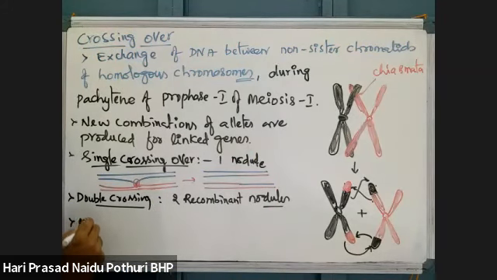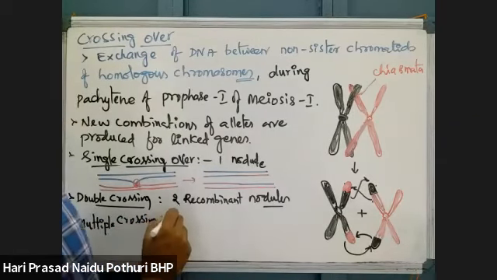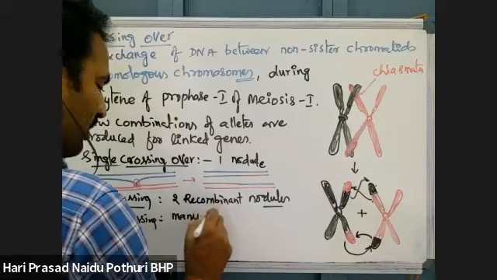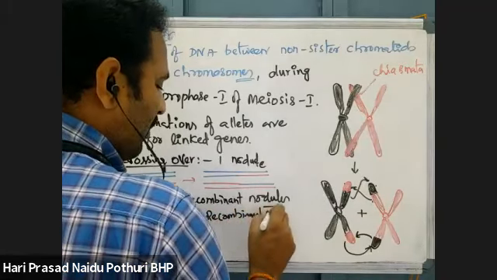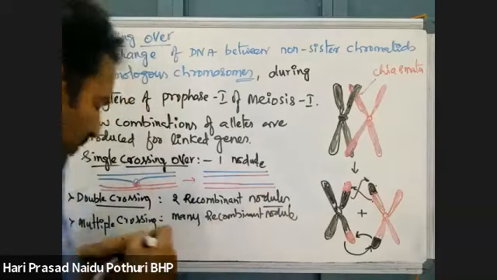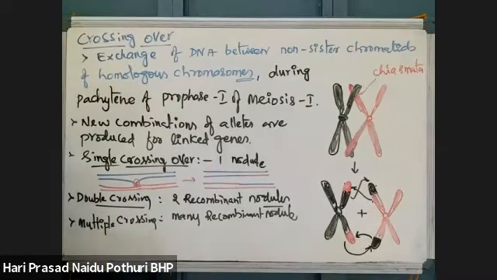Similarly, multiple crossing over means many recombinant nodules are formed, more than two. If many recombinant nodules are formed, what will happen?